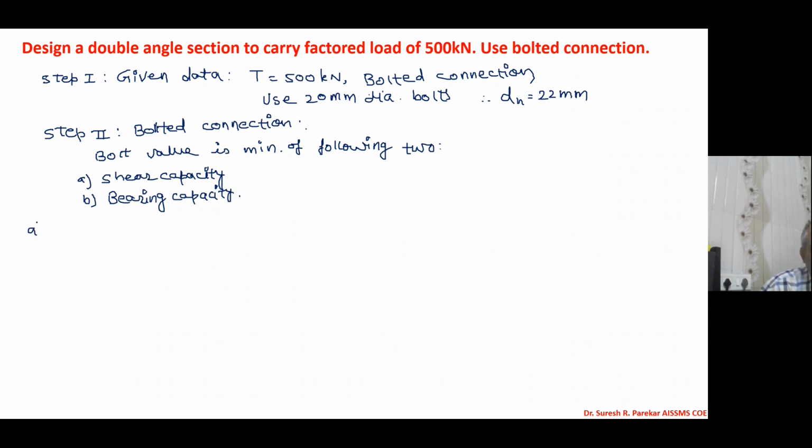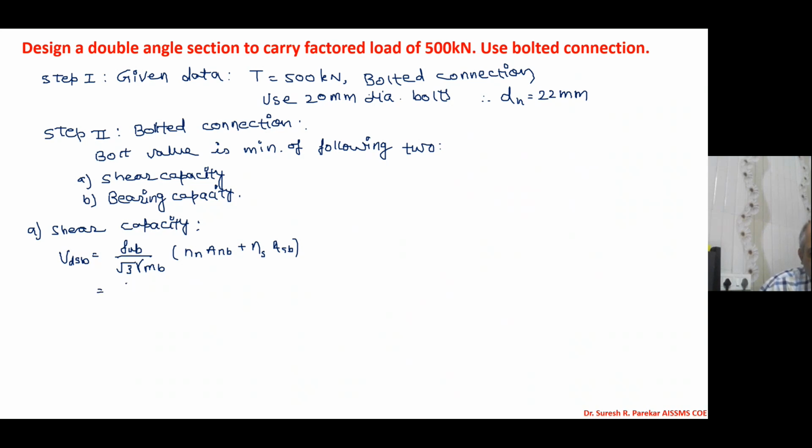Now in this A we have shear capacity. So we have VDSB equal to FUB upon root 3 gamma MB in bracket, NN ANB plus NS ASB.